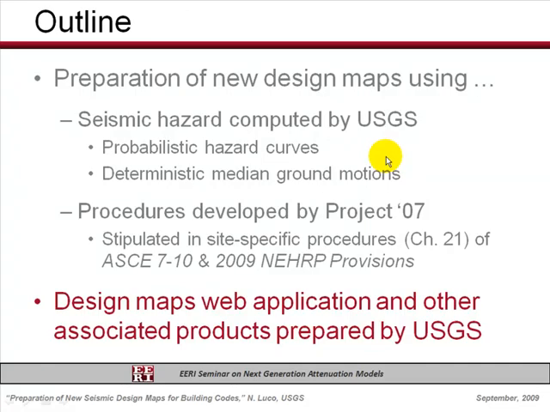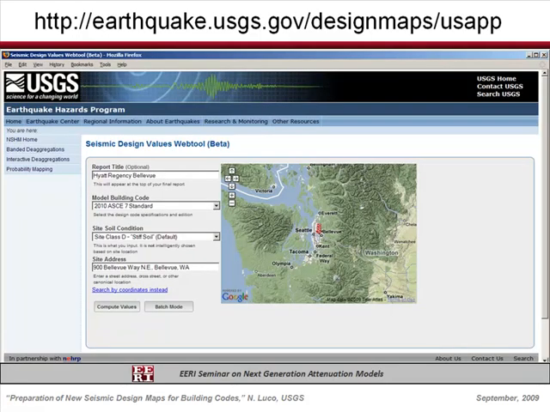So with the few minutes I have left, I just wanted to show a few of the web applications that we're developing that would deliver these new design maps and their values to the users. Here's a URL that I probably didn't have in the slide, so you might want to take note of that.